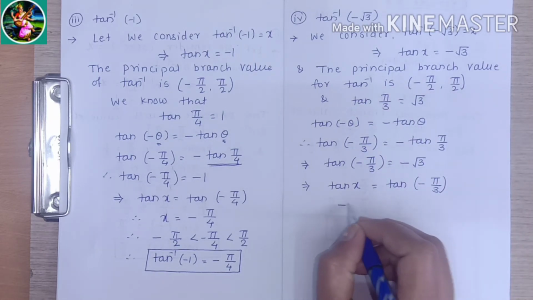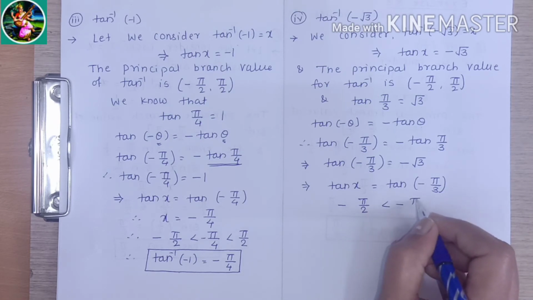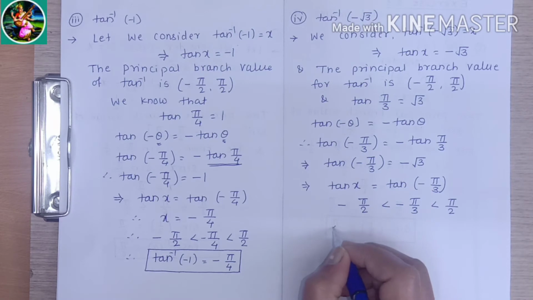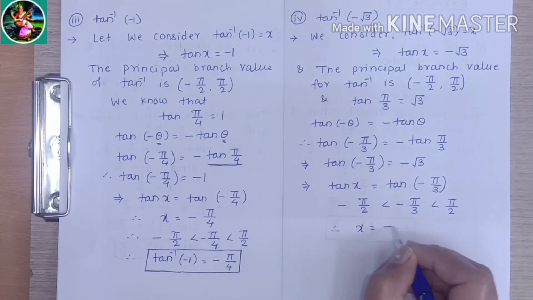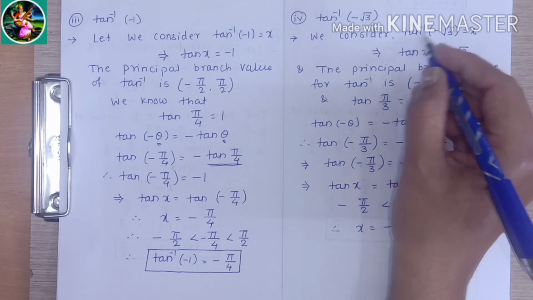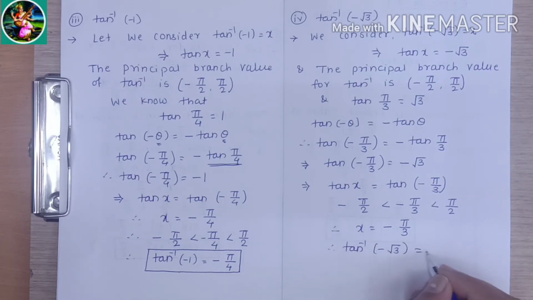That is, minus pi by 2 is less than minus pi by 3 is less than pi by 2. Therefore, x is equal to minus of pi by 3. That x means tan inverse of minus of root 3 is equal to minus of pi by 3, which is the required answer.